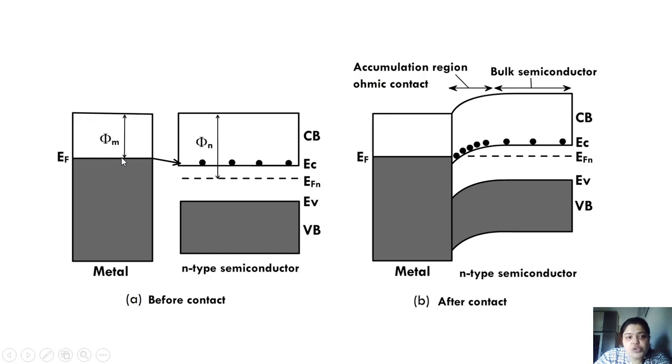So whenever we make the contact between these two materials, the metal will give its electrons to the n-type semiconductor. Why? Because number one, it has a high charge carrier density. Number two, it has a lower work function. So the energy required to move an electron is less in case of metal as compared to semiconductor.